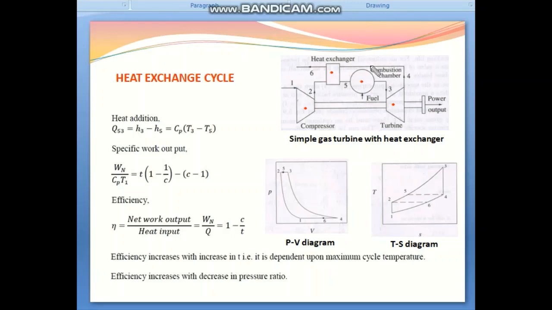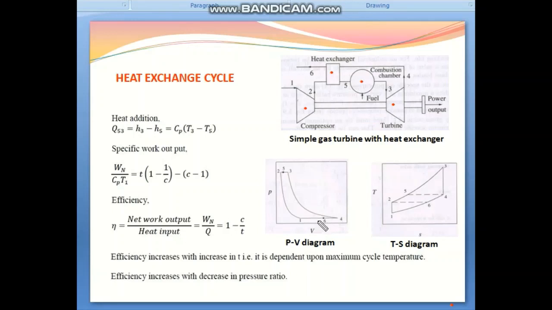This process is 4 to 6, a constant pressure process. The flue gas loses heat here, and the 6 to 1 process is the exhaust.